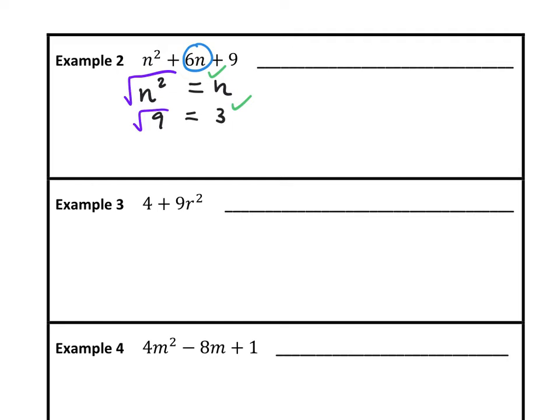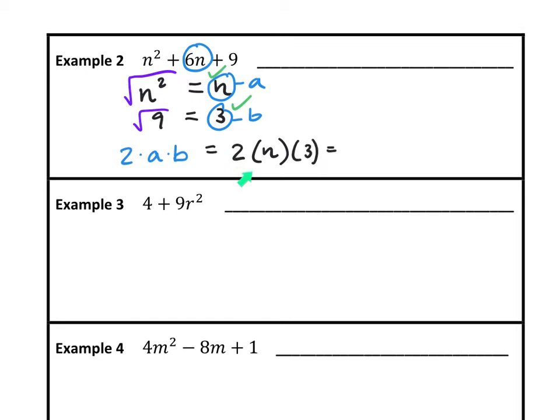Can I get it by multiplying 2 times a times b? Remember we said last time that this is our a, this is our b. So what do we get if I multiply 2 times n times 3?